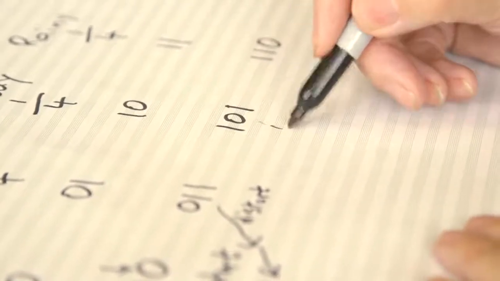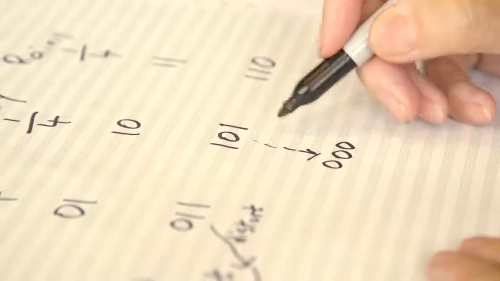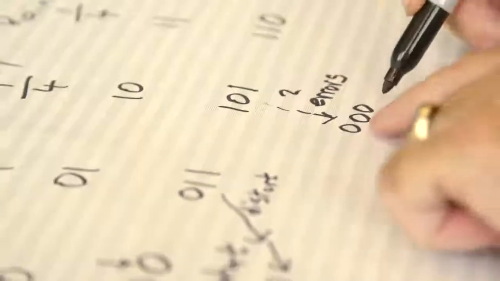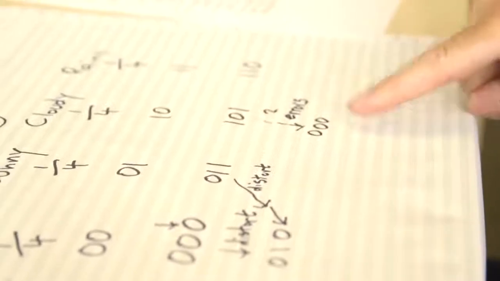That would then give you 0, 0, 0. 2 errors. Oh, calamity again. This is received at the receiving station. They say, hey, fantastic, 0, 0, 0. It's foggy in San Francisco. No, it isn't. It's cloudy, but it got 2 errors, so it looks like it was foggy.